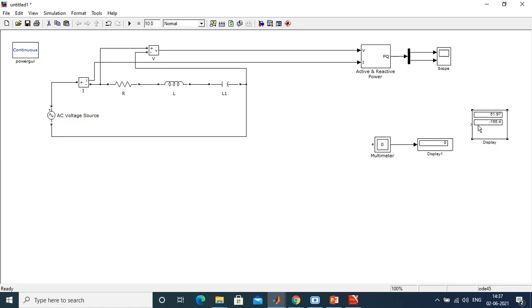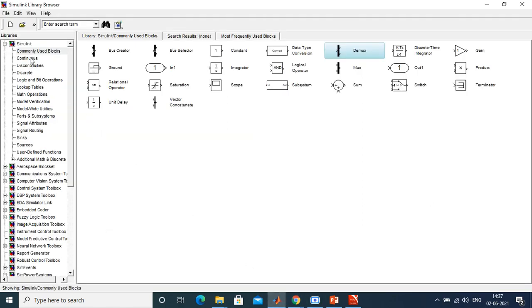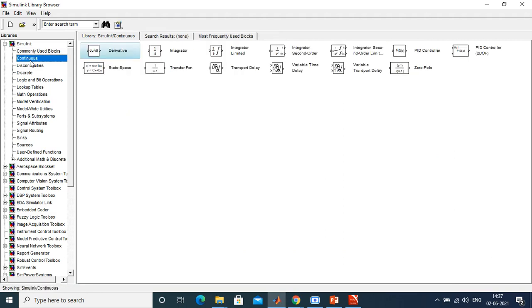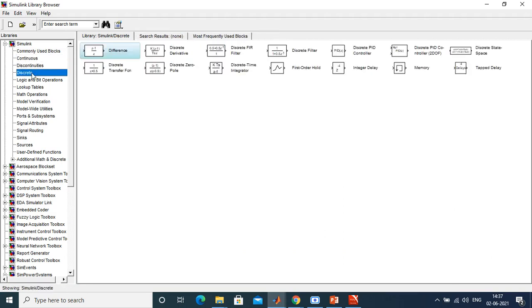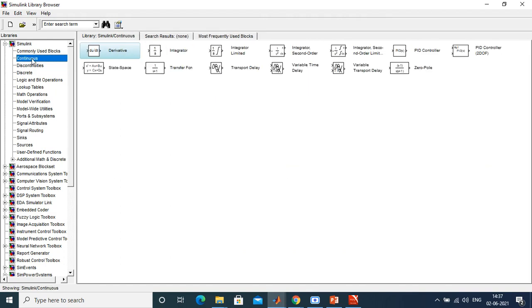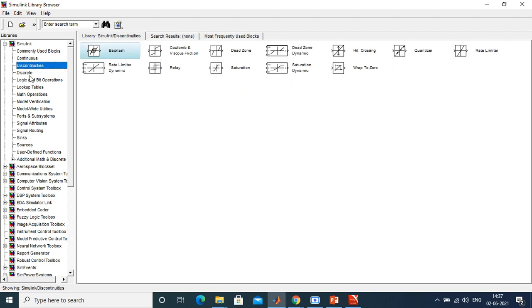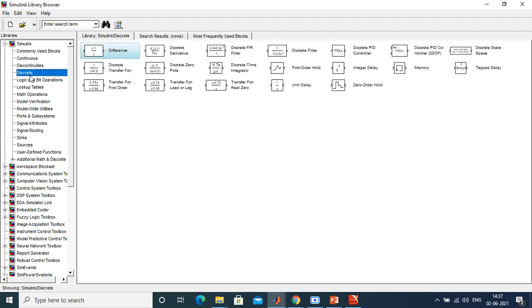So now I need to take the S value, computation of S value from these two. So how to compute? I need to take root of P square plus Q square. So first of all I will take P square. See here, actually it is a square value we can display.